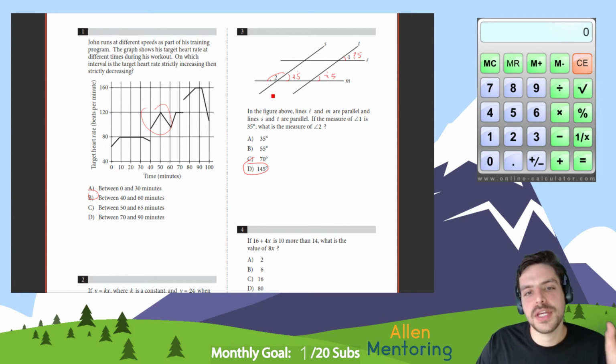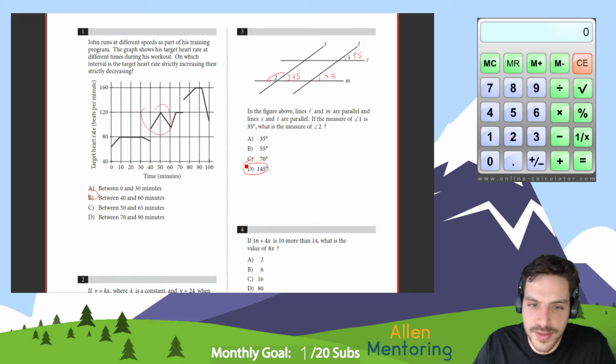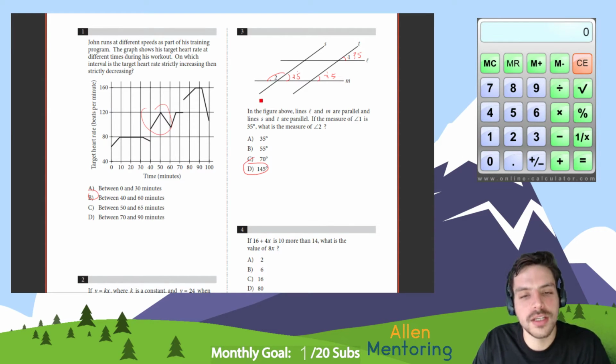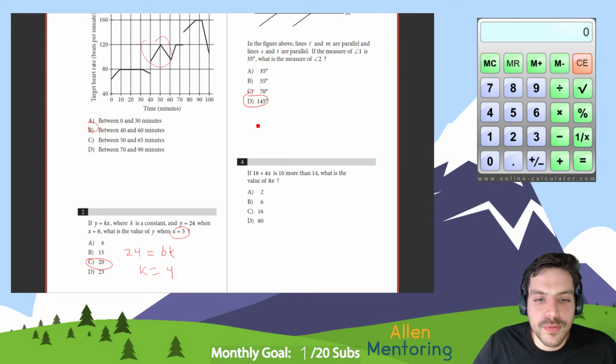And if they don't tell you that it's not drawn to scale, you could assume that it is drawn to scale. And so D is actually the only choice that's obtuse. So at the end of the day, we didn't even have to go through all of this to figure that out. Oh well.